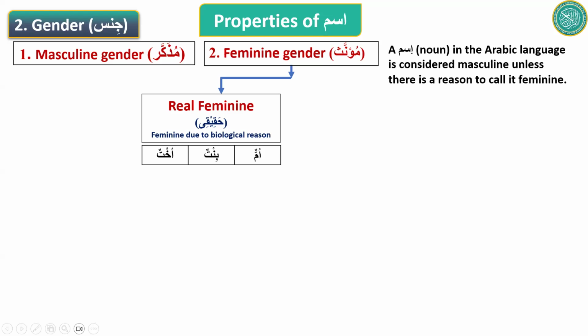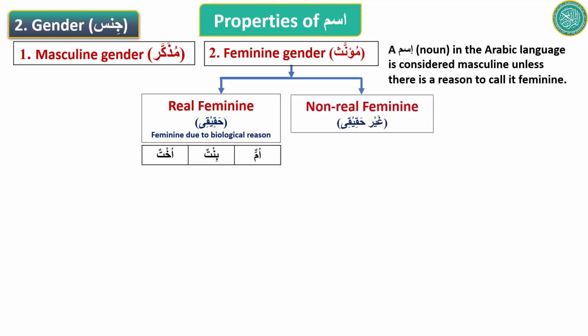Irrespective of language, these isms will be feminine because they are real feminine. But then there are non-real feminines, which may be feminine in some languages and masculine in other languages.